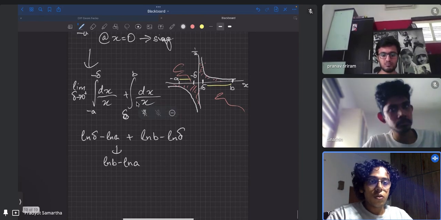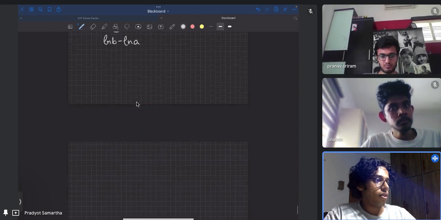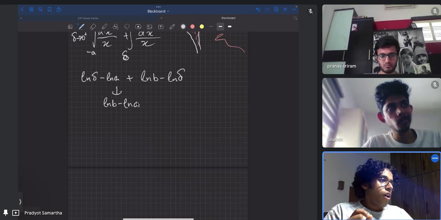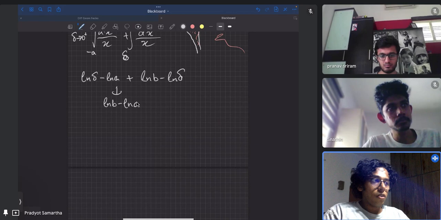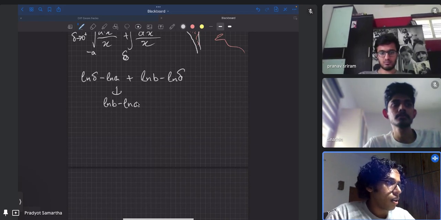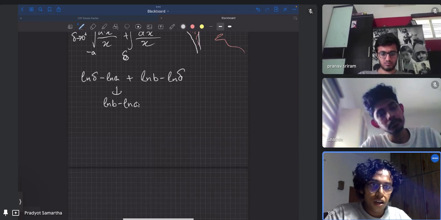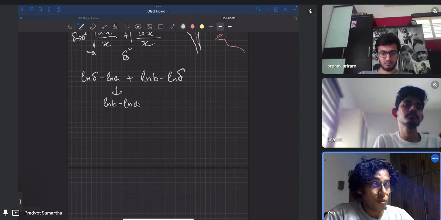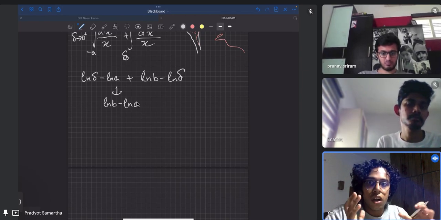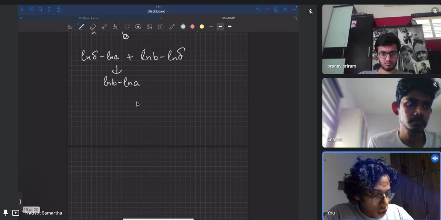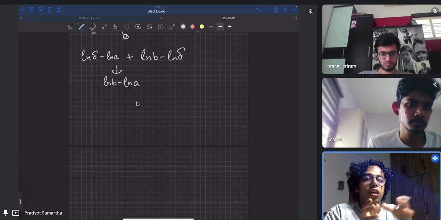Let's take another example to see exactly how this is not perfect. We're actually doing some mathematical jugaad over here. Let's take two deltas instead of defining one delta.